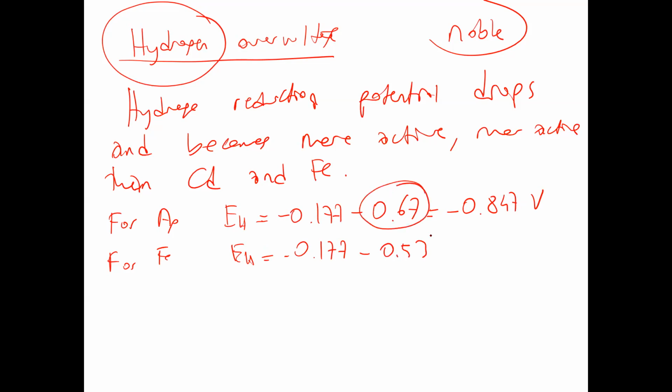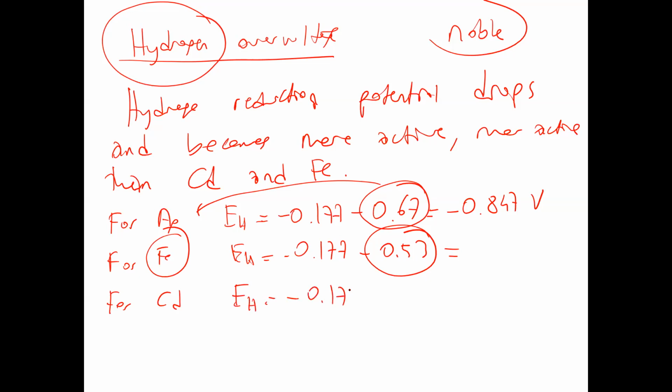See, this is the hydrogen reduction potential, which depends on the metals. When it comes to silver, it is 0.67 volt. When it comes to iron, it is 0.53 volt. And when it comes to cadmium, the overvoltage is 1 volt, so the hydrogen reduction potential becomes minus 1.177 volt.